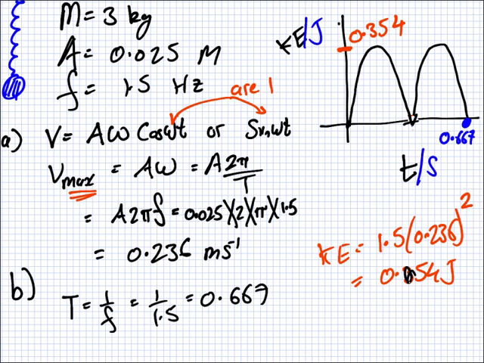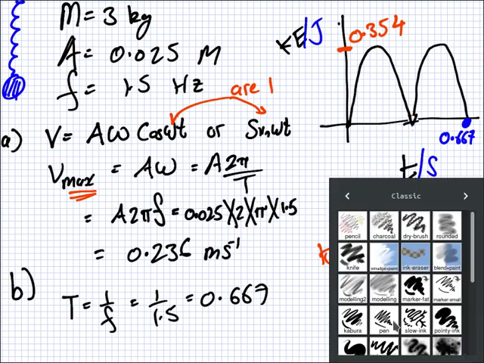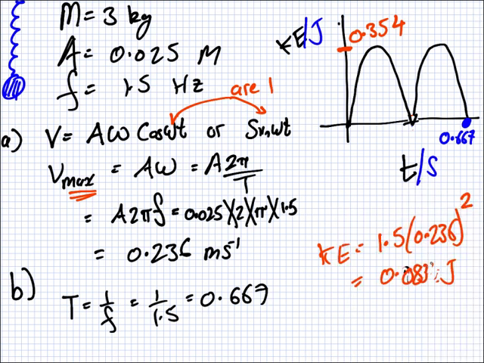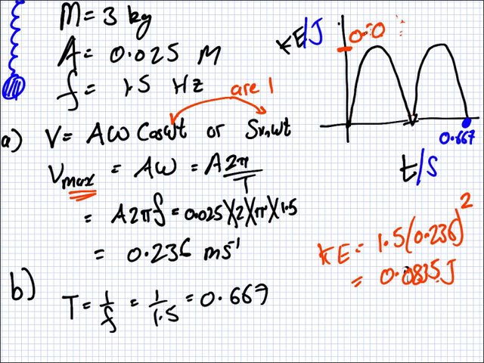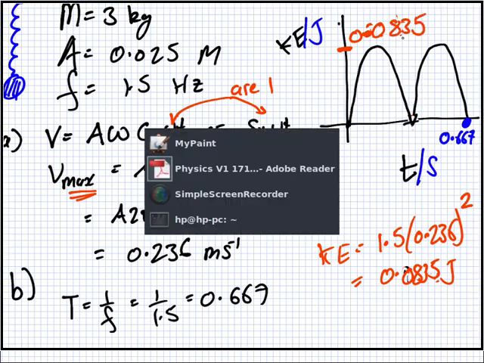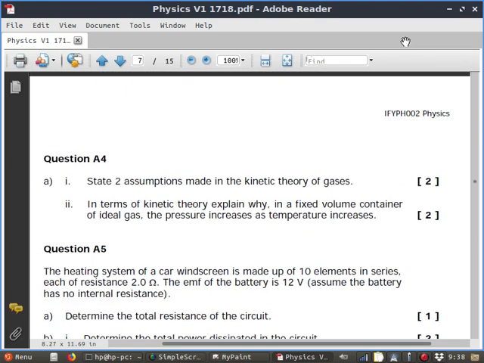I didn't include the square. Okay, you got that? Right, next. 4 marks, 4 minutes, go.